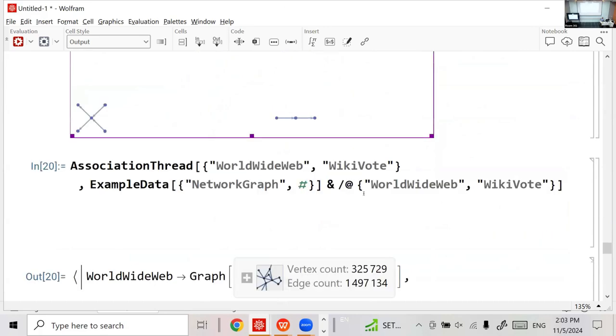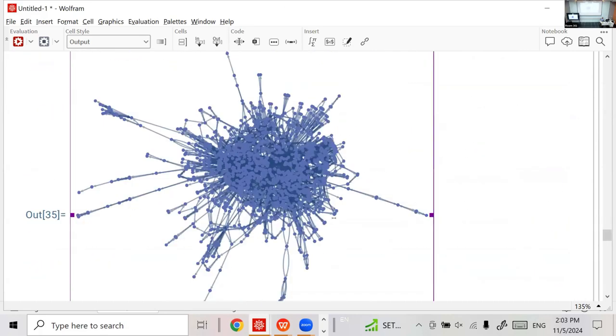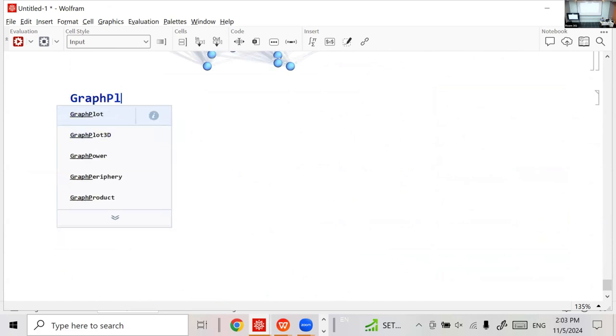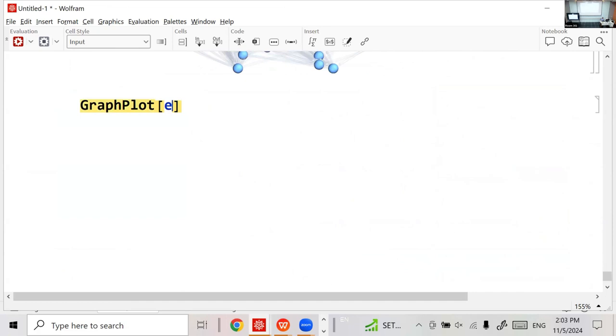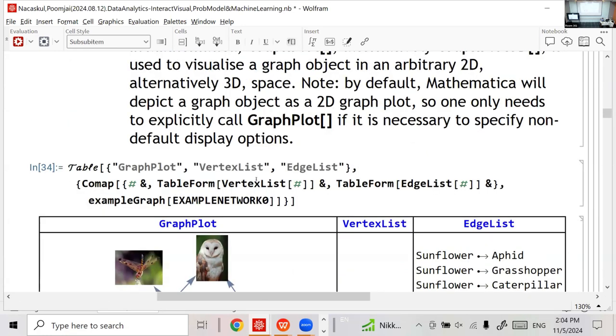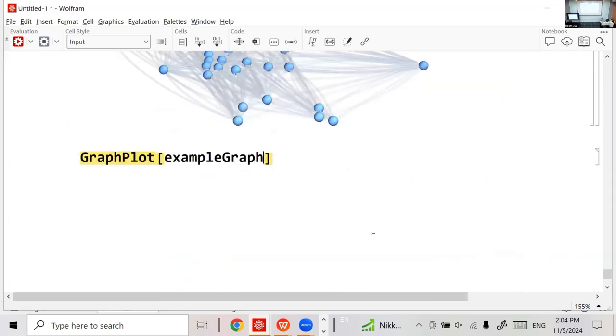So again, let's go to graph plot. Go to graph plot. Graph plot. Okay. Now type. I want you to type with me. And example data. Oops, example graph, I think. What was it before? I used the word example graph. Yeah.